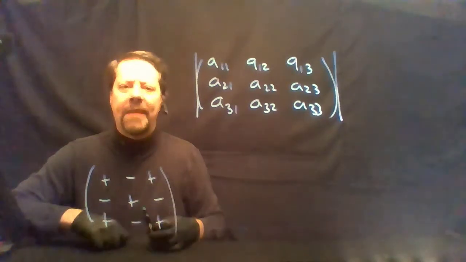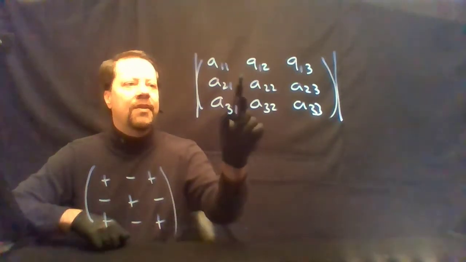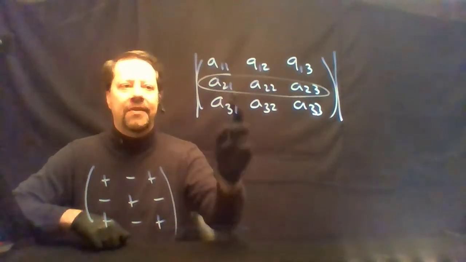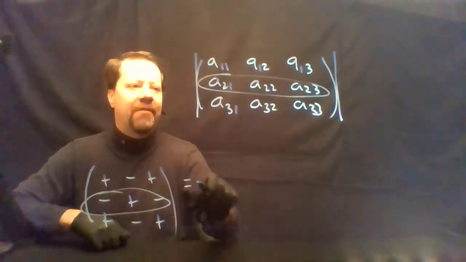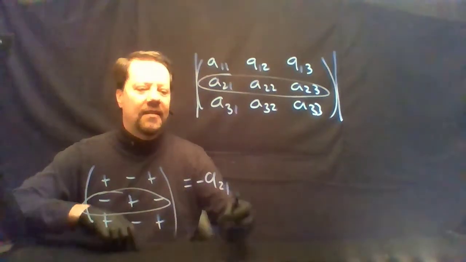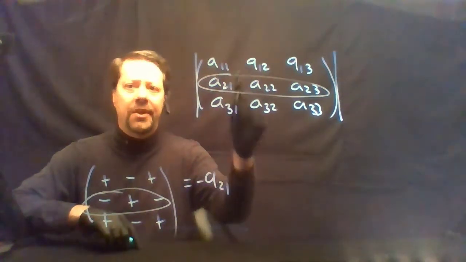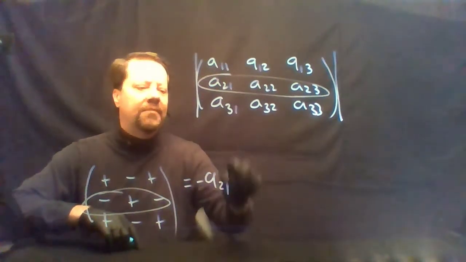There's a checkerboard pattern of pluses and minuses. So if we do cofactor expansion around the second row, we'll have to use these signs. We'll have minus A21 times the determinant of the submatrix that you get by crossing out its row and column.